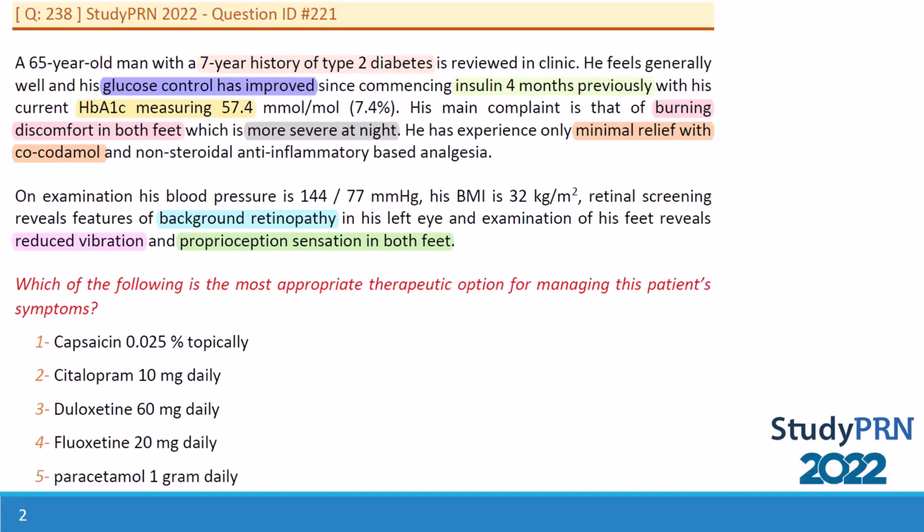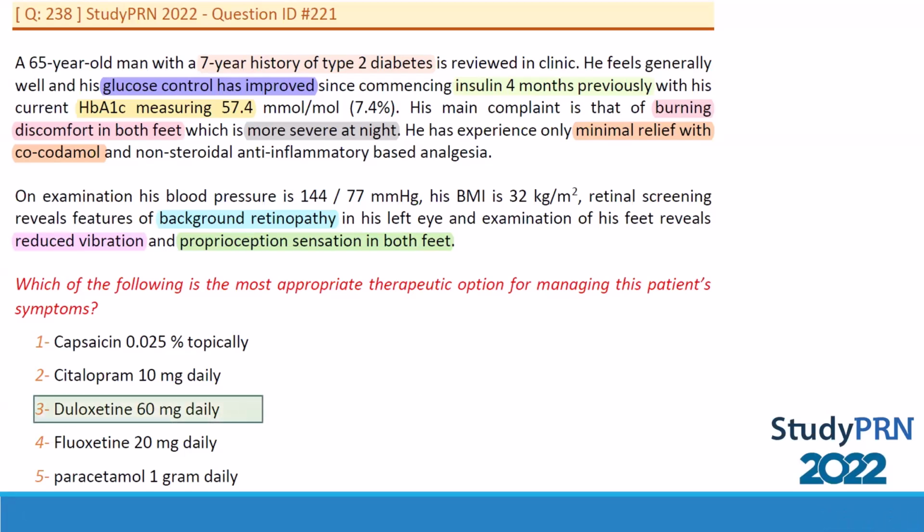He experienced only minimal relief with codamol and non-steroidal. There is a background retinopathy with a reduction of vibration sensation. Which of the following is the most appropriate therapeutic option for managing the patient's symptoms? Capsaicin, citalopram, duloxetine, fluoxetine, paracetamol. Duloxetine. Yes, duloxetine.